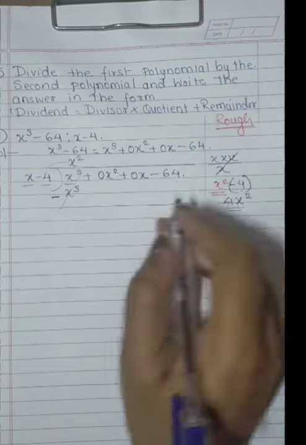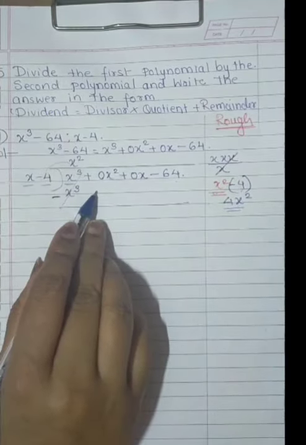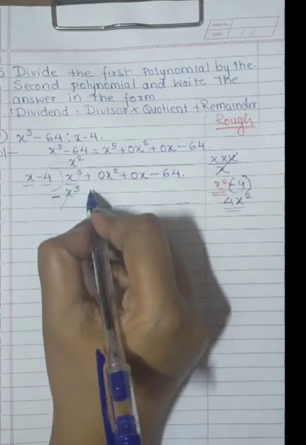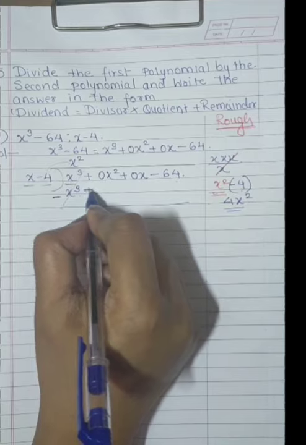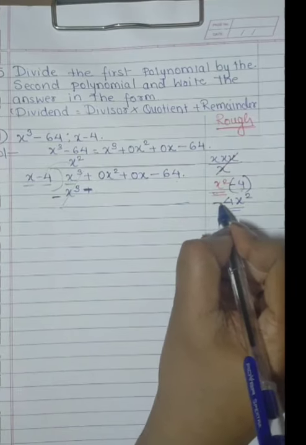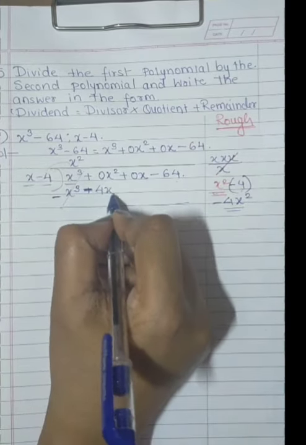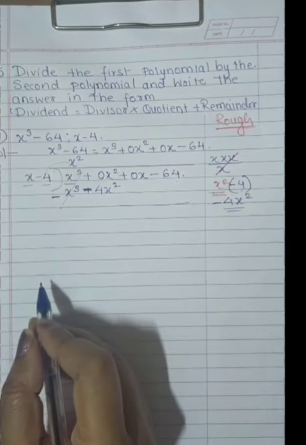Okay. Now here we can write this 4x square as minus, because minus is there, so minus 4x square.